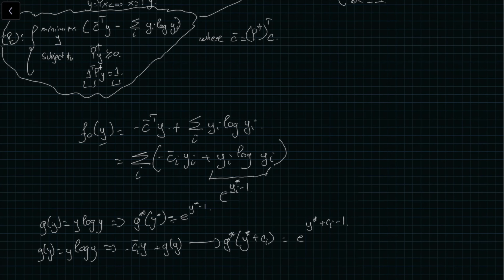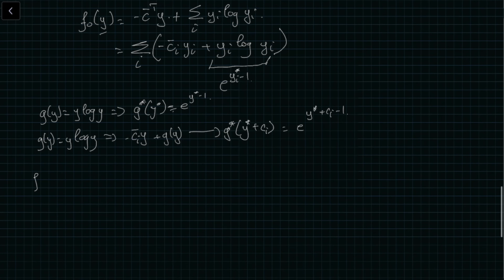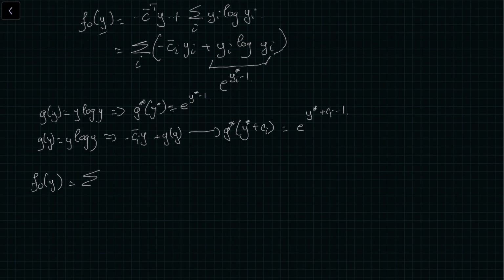So in that case, I get that my f0 of y, which is nothing other but the summation of this term right here, minus ci yi plus g(yi), then my f0 star(y star) is the summation over i of e to the yi star plus ci minus 1.